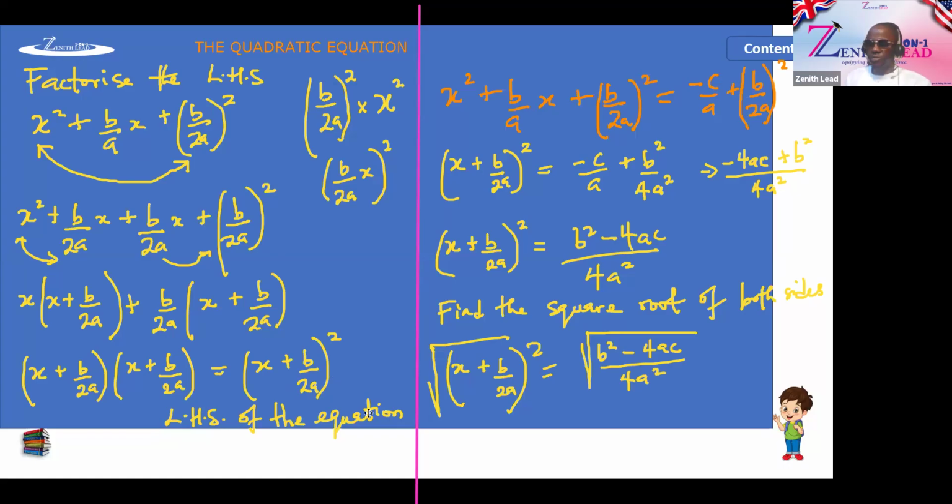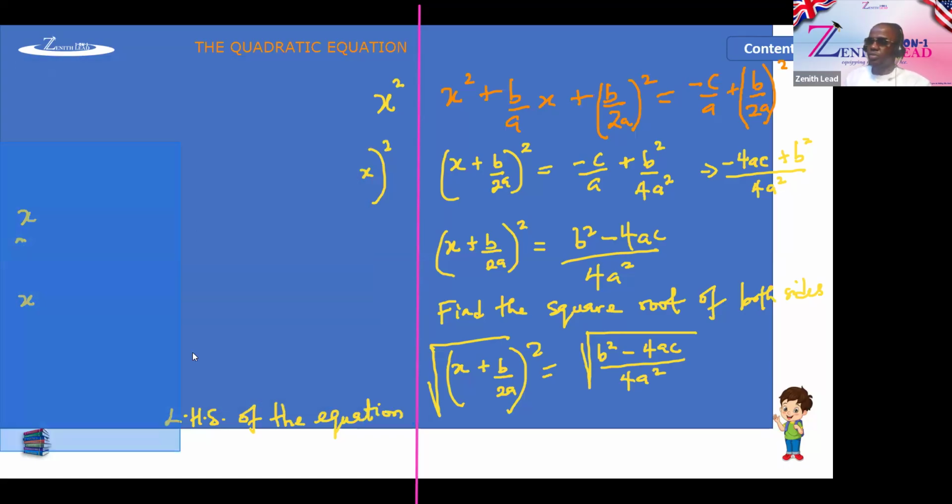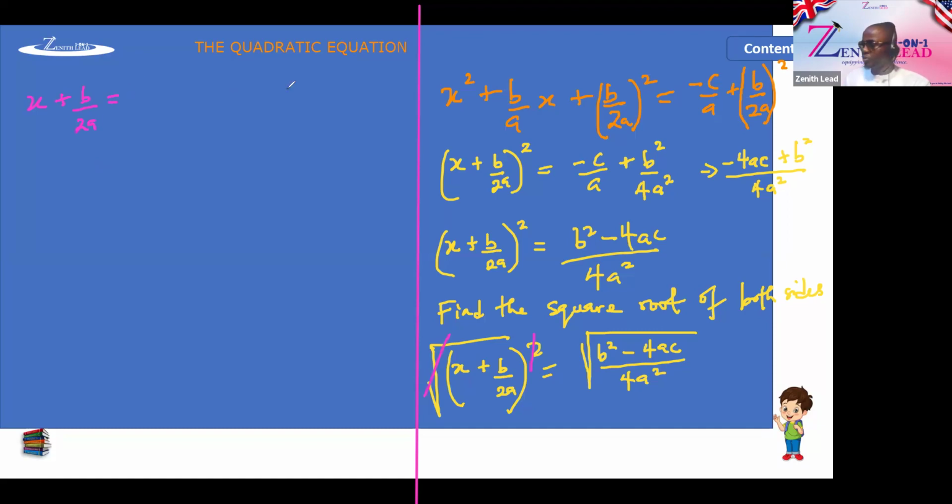Now I need you to take note of this, just as we've done with everything we've done before. When you do this, you'll realize that the square root would cancel out the squared. So you have x plus b over 2a equal to.